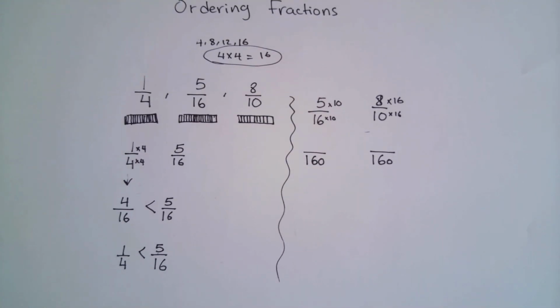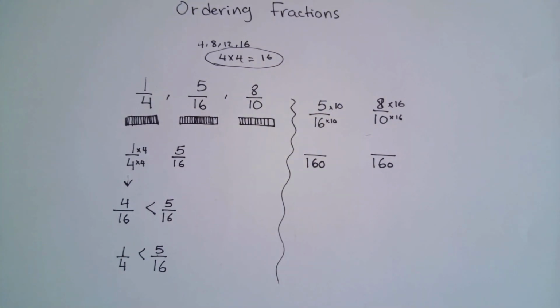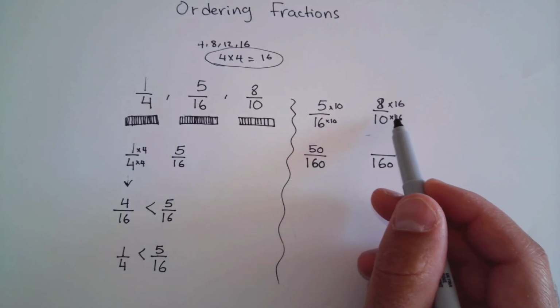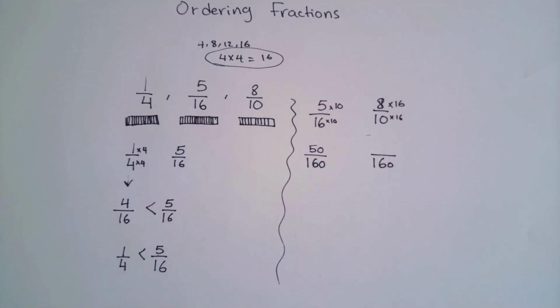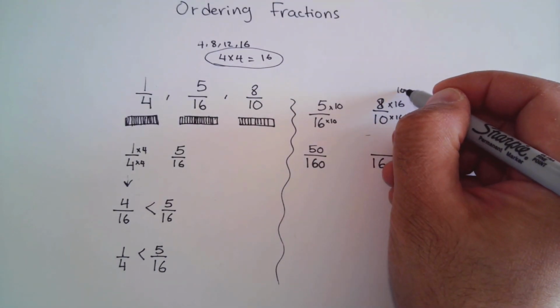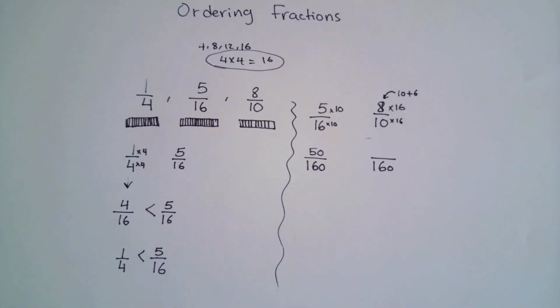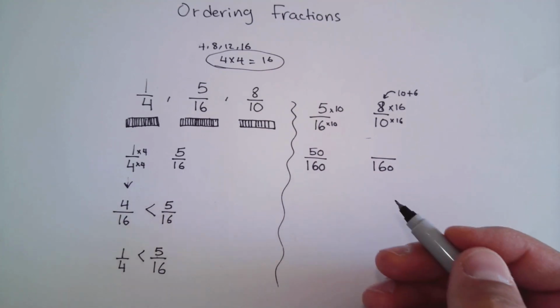Are you guys getting the same feeling that I am getting? We know that 5 times 10 is what, fourth graders? That is 50, right? And 8 times 16, well, 16 is 10 plus 6. If I multiplied 10 times 8, that's 80. That's already bigger than 50.